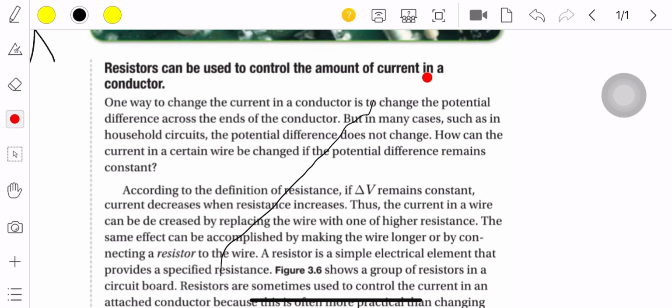Inverse relationship. So I want you to study the title and understand that we have an inverse relationship between the electric current and the resistance. You can study these two lines also, which explain the relationship: according to the definition of resistance, if delta V remains constant, the current decreases when the resistance increases.